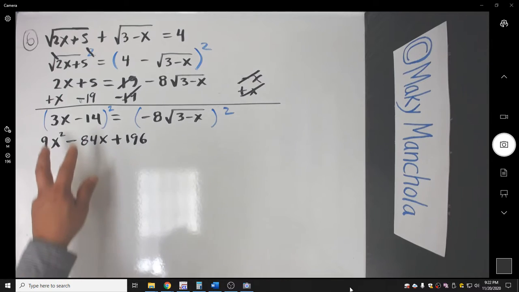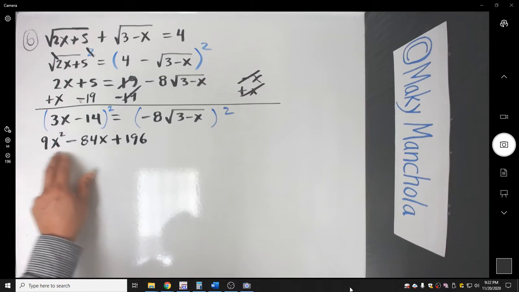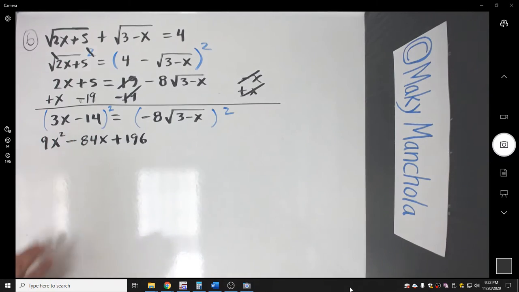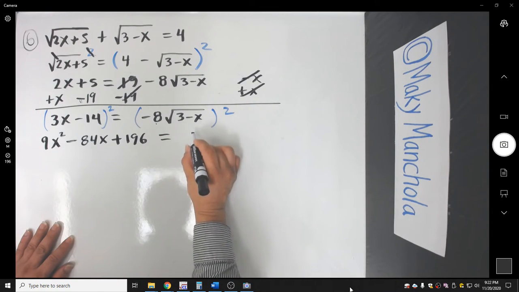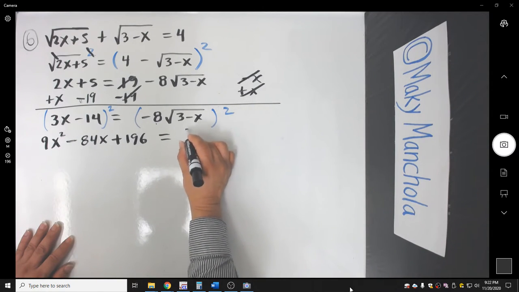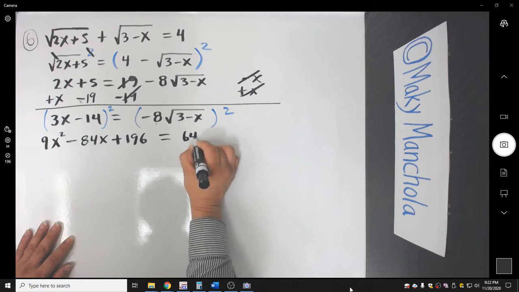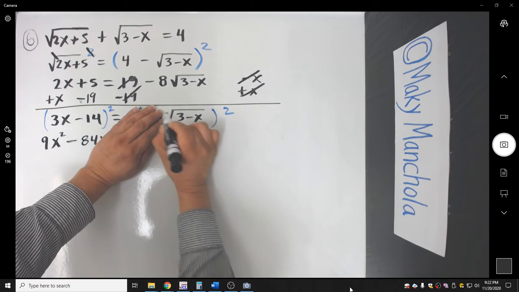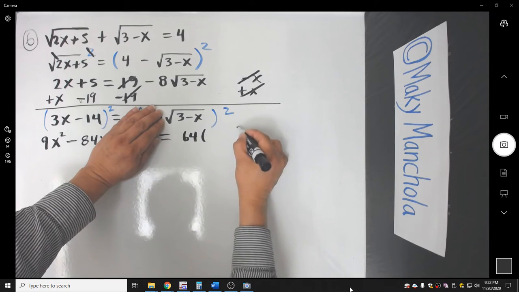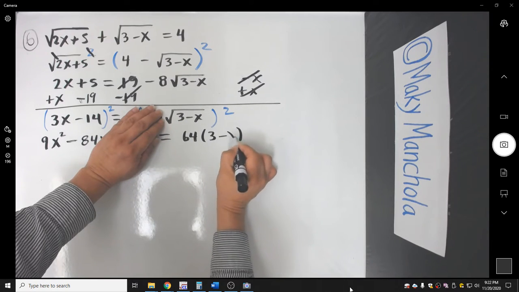You can pause the video, do the algebra. This will be the result. On the right side, when we square negative 8, we get 64. And when we square the square root of 3 minus x, the square root is cancelled. So we obtain 3 minus x.